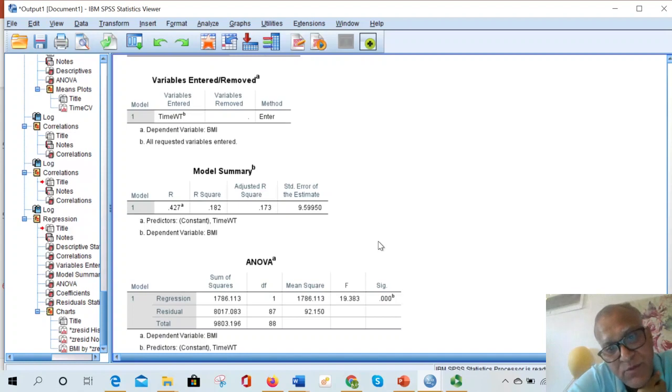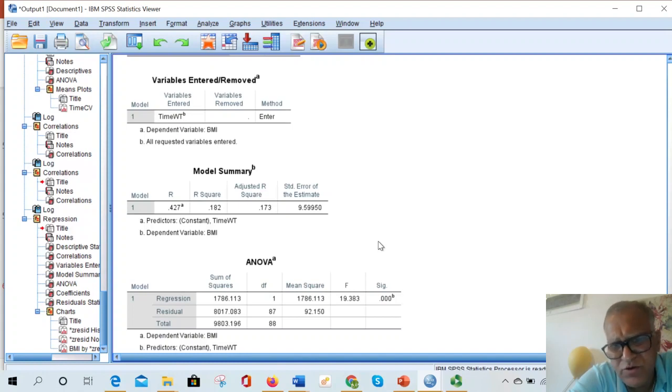R square is very important, or adjusted R square is more important, 0.173, which tells us that my model is only 17.3, so only 17% true prediction. So I'm explaining BMI with time spent on the weighing machine. The accuracy of my prediction of BMI based on time spent on the weighing machine is only 17%.